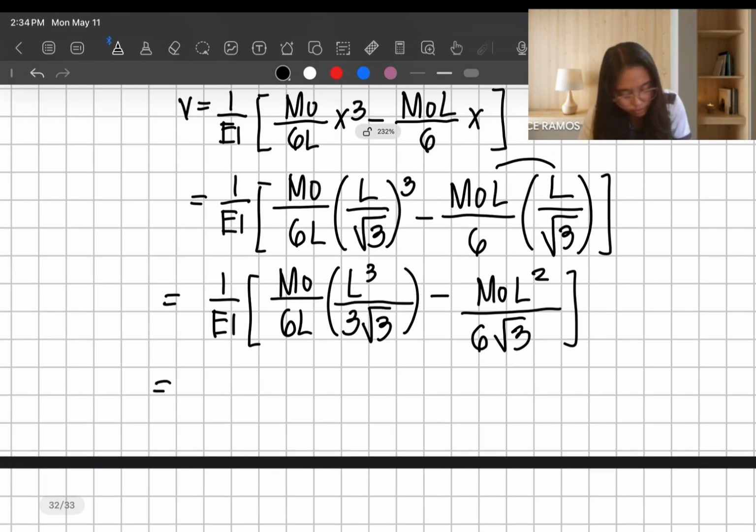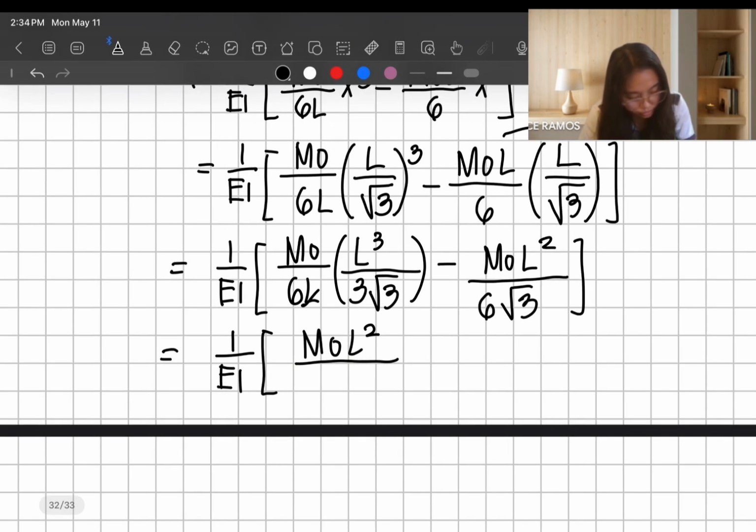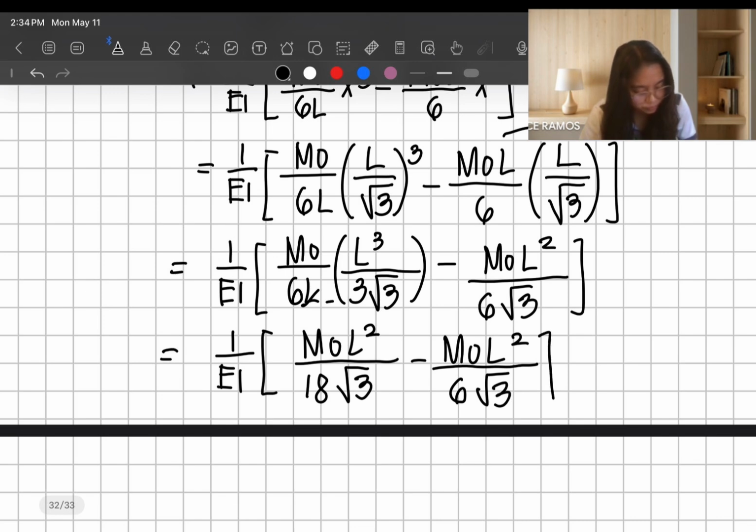So, simplify again. This will become, this one will be cancelled. So, L cube will be L squared. So, if we multiply, we will get 18 square root of 3 minus moment times length squared, 6 square root of 3.